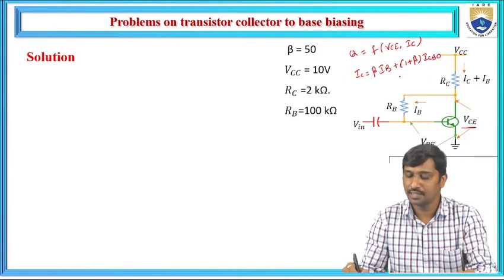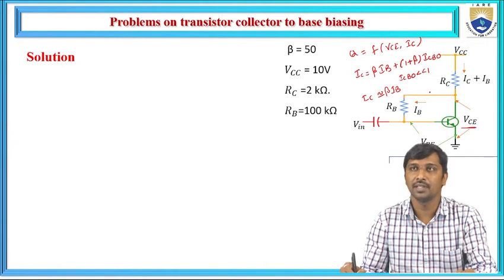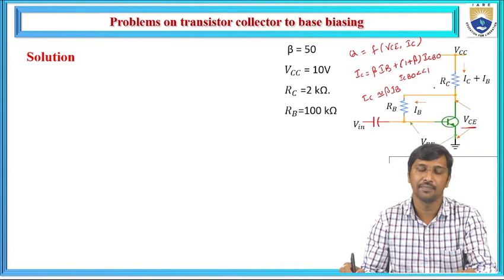Let us consider this ICBO is much less than 1. The collector current is approximately equal to beta times IB. So to determine this collector current, first we need to identify how much base current flows with respect to the biasing configuration, that is collector to base biasing.